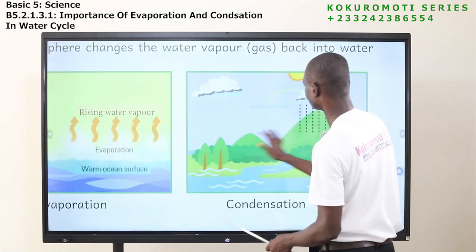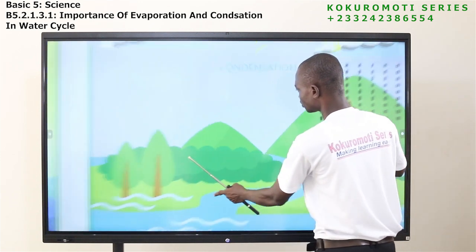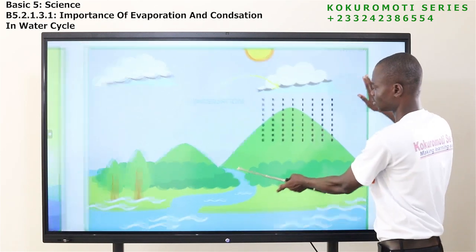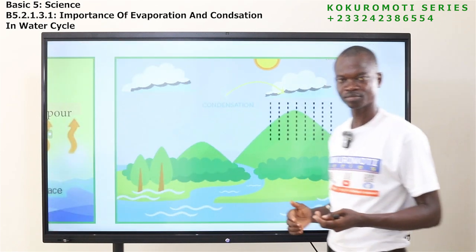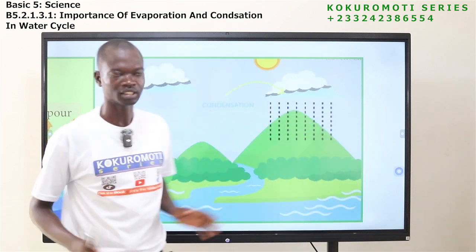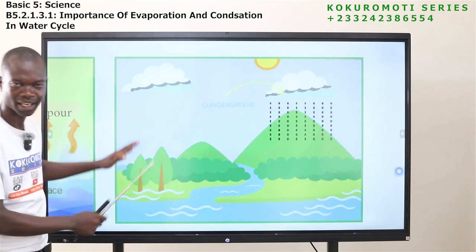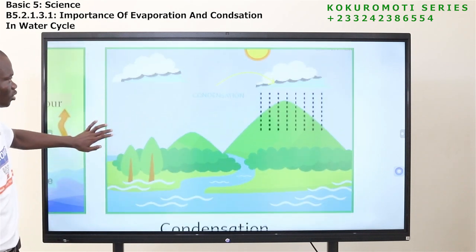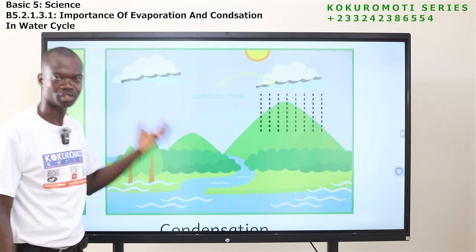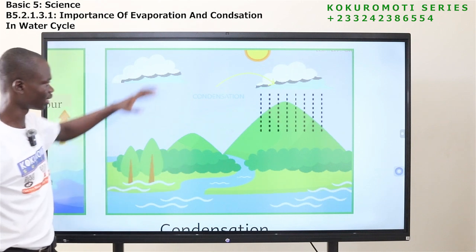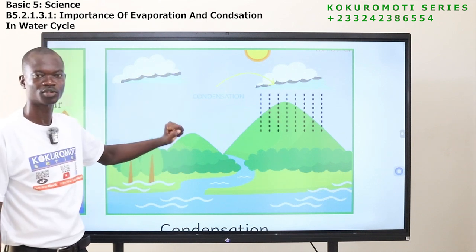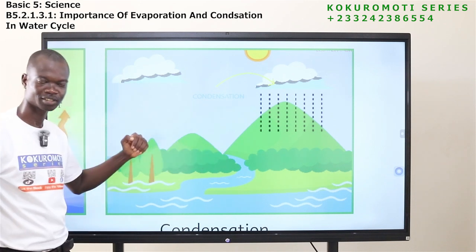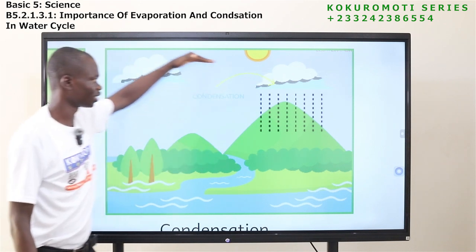Now we have this here, that is condensation. I told you that condensation cannot happen if there is nothing to cool the air or the vapor. So for condensation to happen, we need something that will cool it. Now what will cool the vapor to the extent that the vapor will change from gas to liquid? It is the atmosphere.